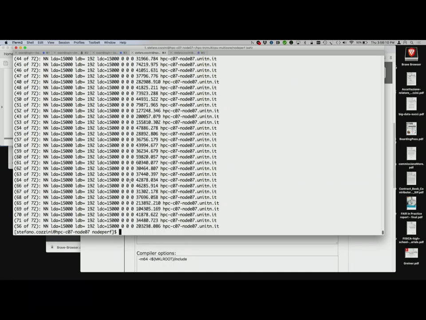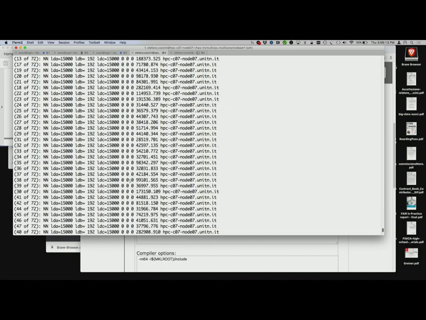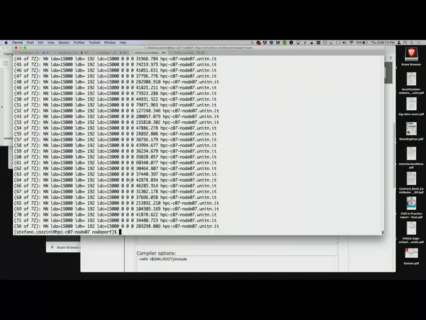Okay, so it runs on all the cores of the machine. By the way, we can see something like that.